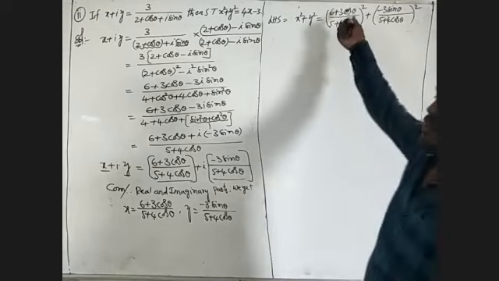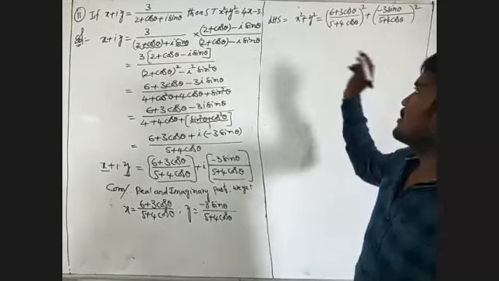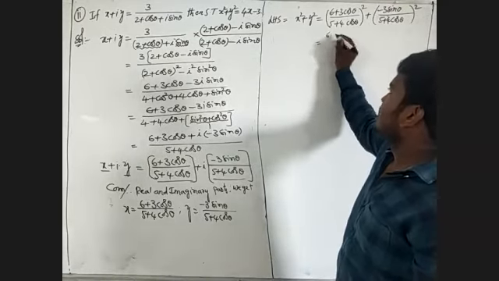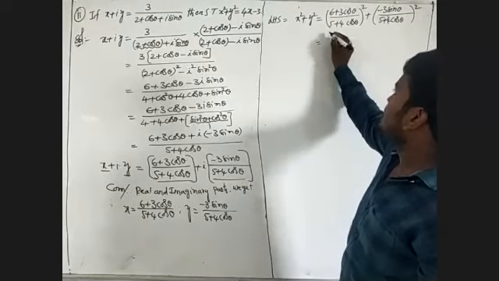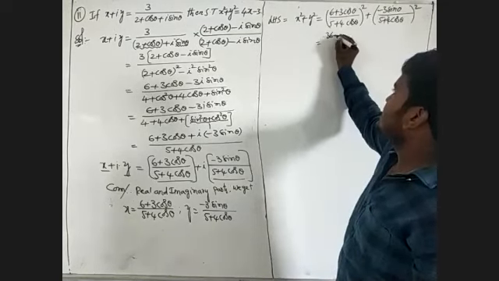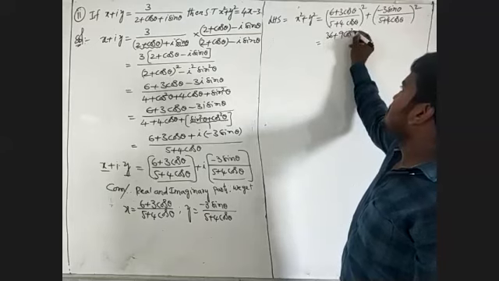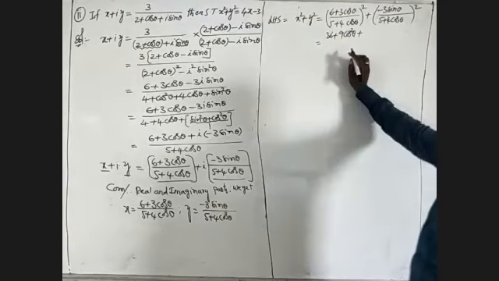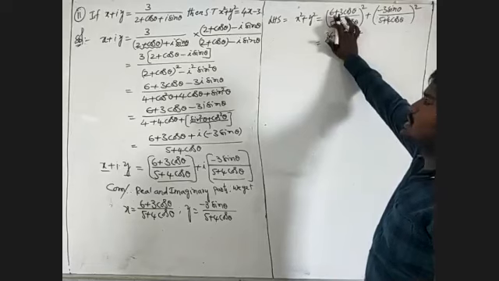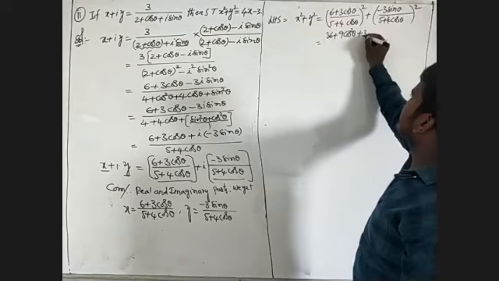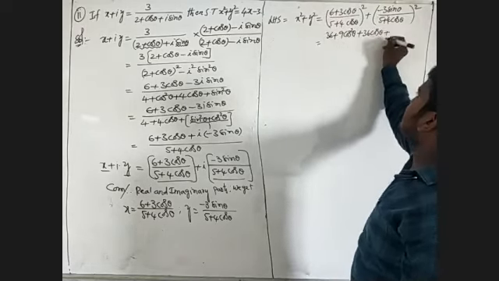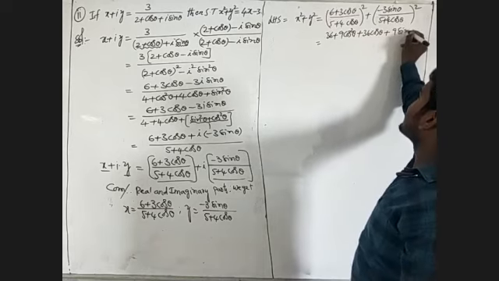The numerator is of the form a plus b, so 6 plus 3 cos theta whole square must be written as 36 plus 9 cos square theta plus 2ab: 2 times 6 is 12, 12 times 3 is 36 cos theta, and remaining 9 sin square theta.